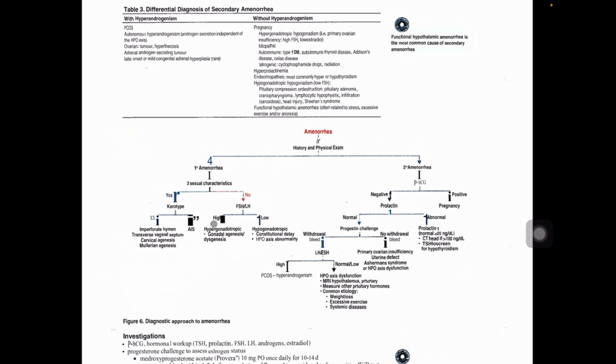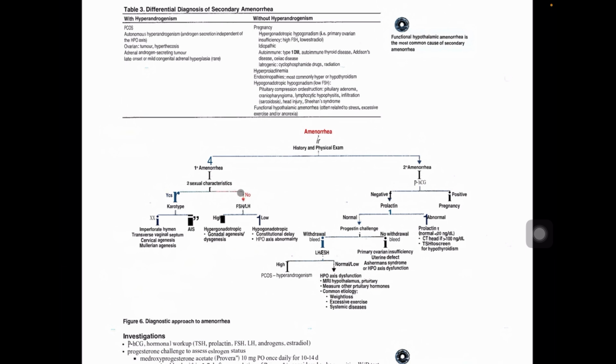So you'll check for structural abnormalities, and then you will also look for androgen insensitivity syndrome. Let's say if there are no secondary sexual characteristics, then you'll do FSH and LH. If FSH and LH are high, that means hypergonadotrophic gonadal agenesis, dysgenesis. So hypergonadotrophic situation. But if it's low, then it is hypogonadotrophic. That means a problem in the hypothalamus or pituitary. So that could be constitutional delay or HPO axis abnormalities.